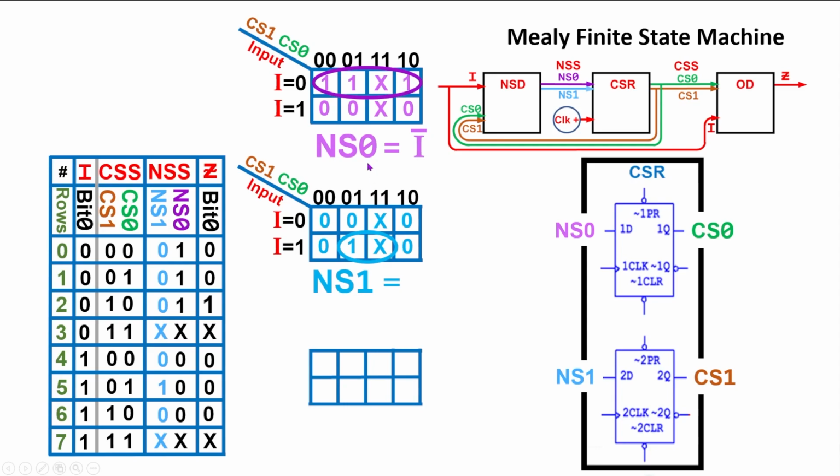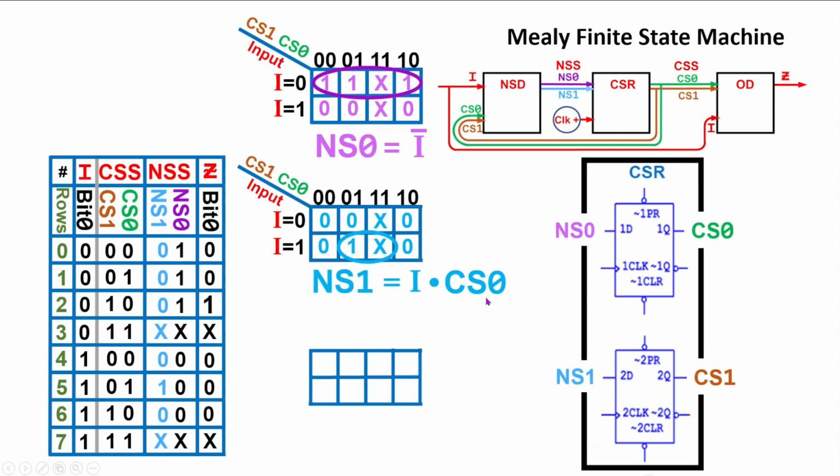This 1, which is on the left, which means it's CS1, and this 0, which is on the left, which is also CS1, are opposites. Therefore, they cancel out, and so our result is going to include I, and also the thing on the right, which is CS0. So that is the simplification for NS1.